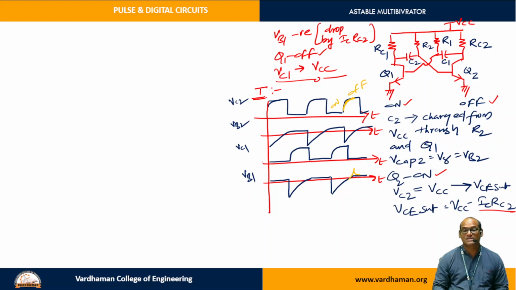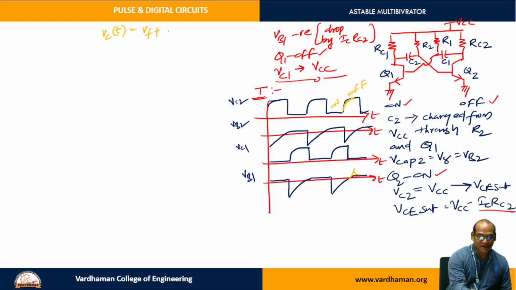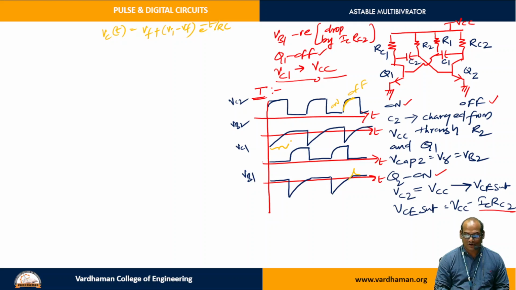That means base voltages are nothing but capacitor voltages only. So we know very well about the capacitor, that is Vc of t is equal to V final plus V initial minus V final into e power minus t by RC. This is the formula. When you consider only this one, you will get T1 time period, and here T2 is there.